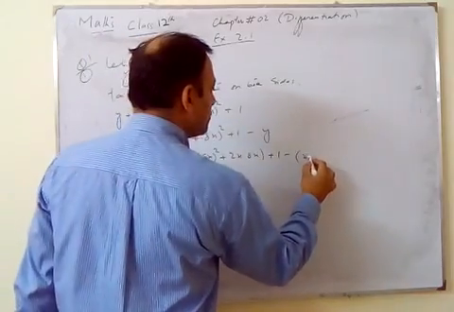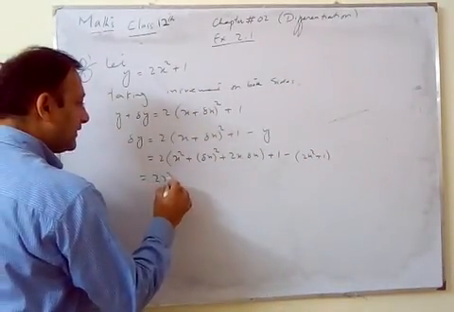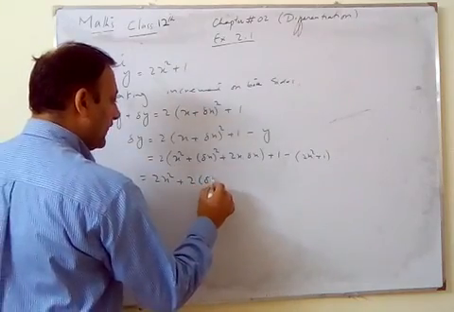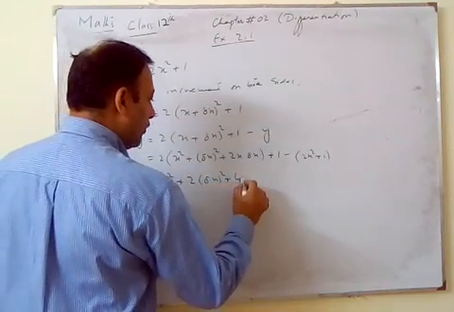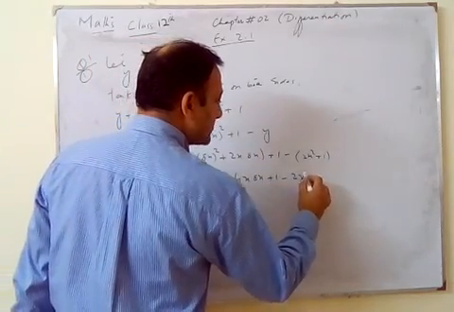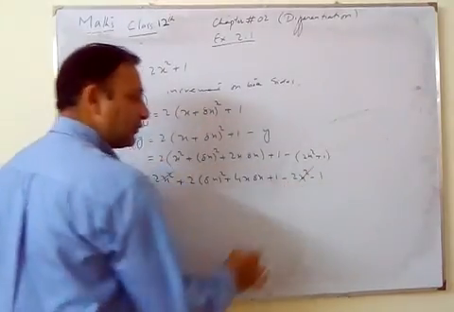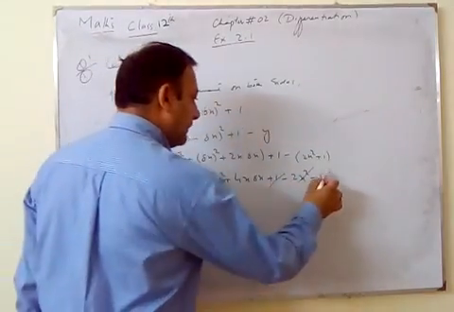We have y equal to 2x square plus 1. Open this one: 2x square plus 2 into delta x whole square plus 4x into delta x plus 1 minus 2x square minus 1. Now 2x square minus 2x square cancel, and plus 1 minus 1 cancel.